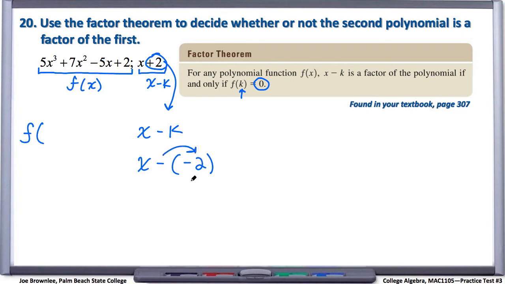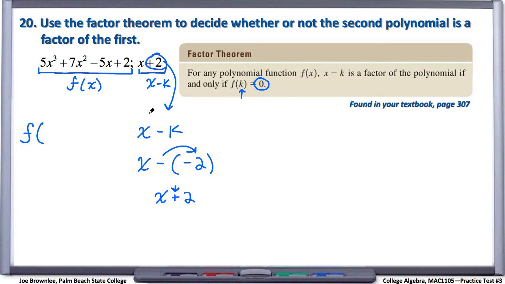If we were to distribute here, a negative times a negative gives a positive. So if you write it out like this, where you definitively show the k value with its sign, you can see how we would get x plus 2. The only way that happens is if k itself was negative, because a negative times a negative gives us the positive that we have in number 20.